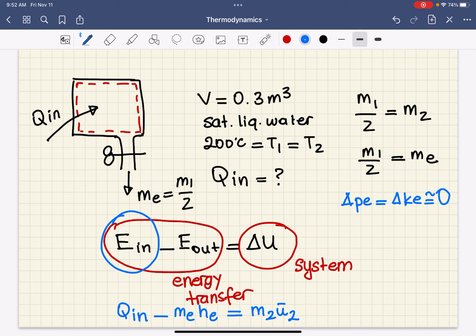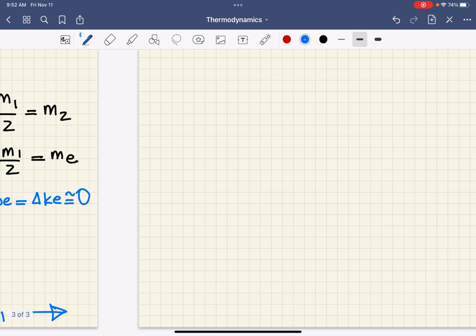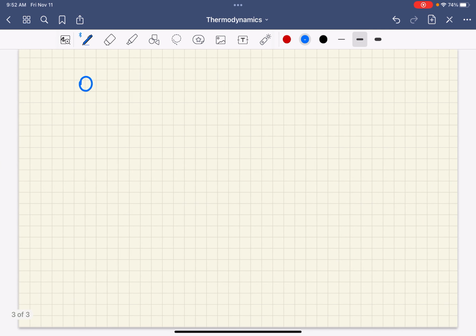We put a bar to signify that it is a specific internal energy, minus m1 u1. Now let's solve this for the heat interaction. Let's go to the next page and solve this for the heat interaction.